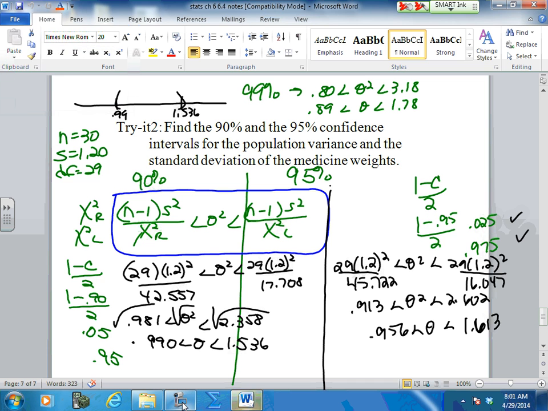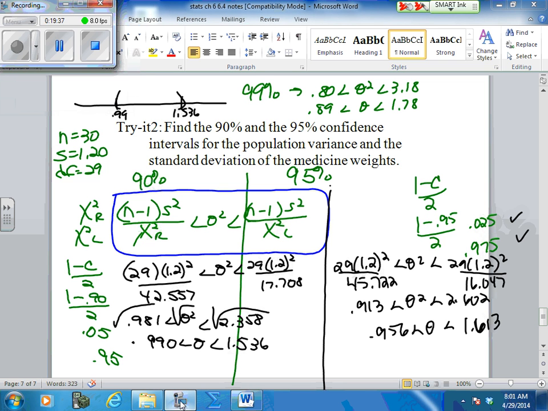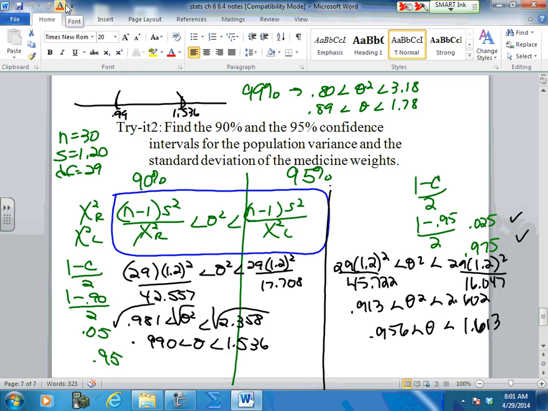Okay, we're good. Sorry. I know they're not evenly spaced apart, but you can still see where your confidence interval goes. And then a 99: 0.89 and 1.78.